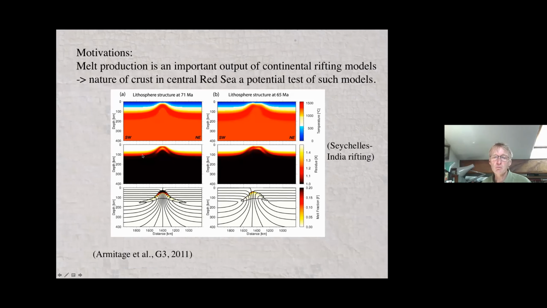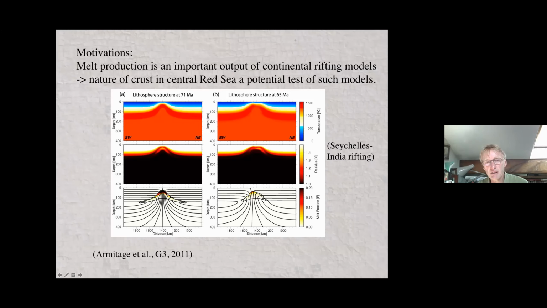So the reason why you might want to know about the Red Sea: this is a numerical model of continental rifting by John Armitage, and it was intended to represent the Seychelles India rifting, so not the Red Sea, but it illustrates some of the processes. During extension, you have thinning of the lithosphere, and the mantle underneath will rise and undergo adiabatic decompression and melting.